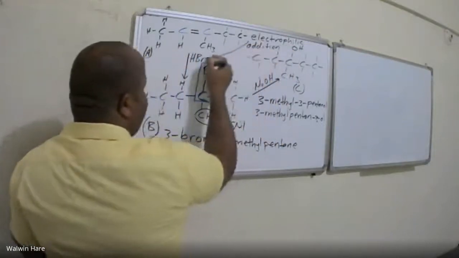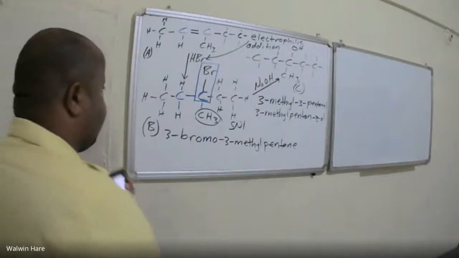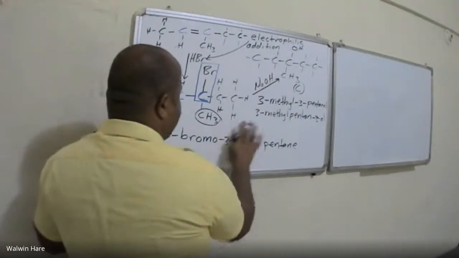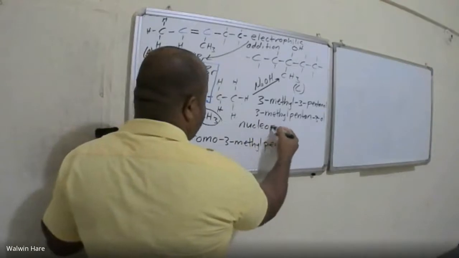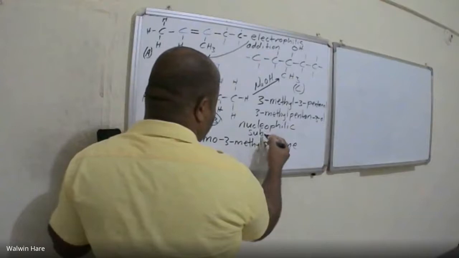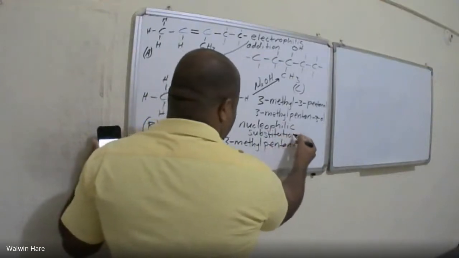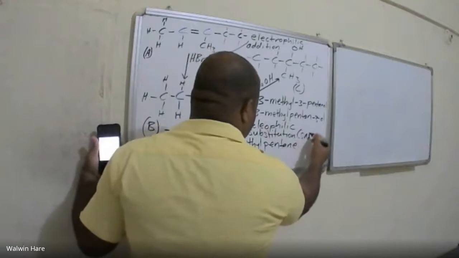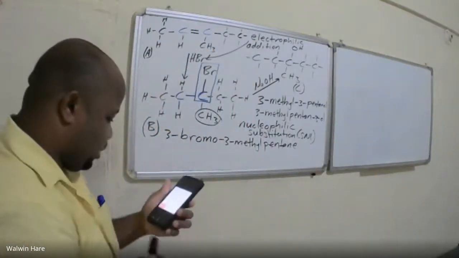So this is the mechanism when you add HBr, and this is the mechanism for haloalkanes.